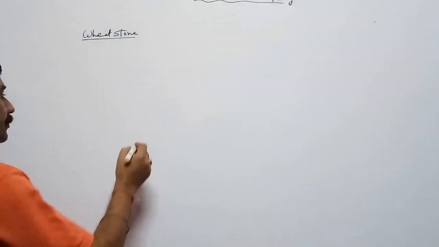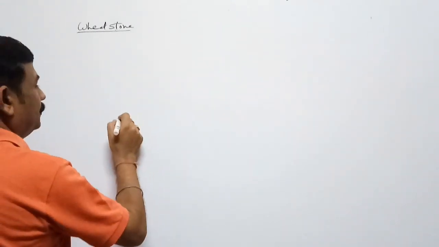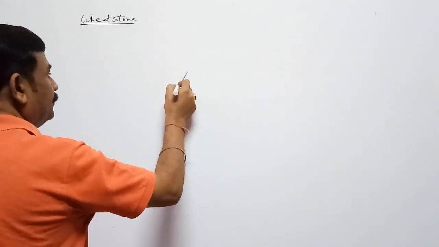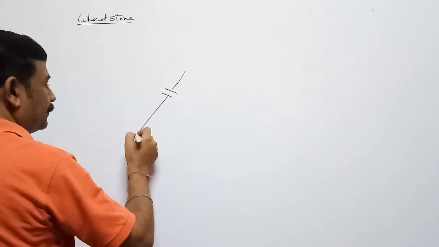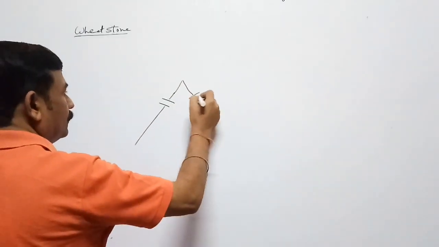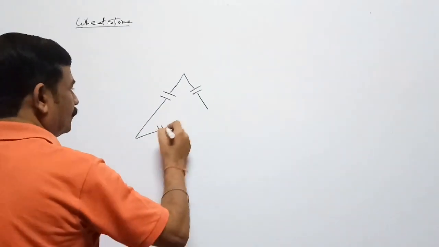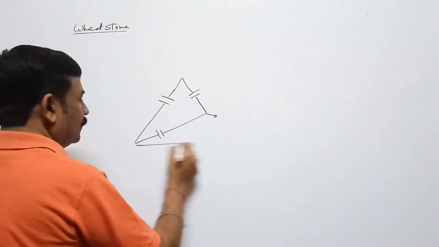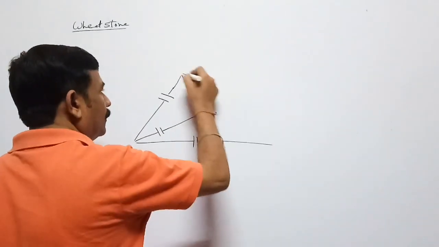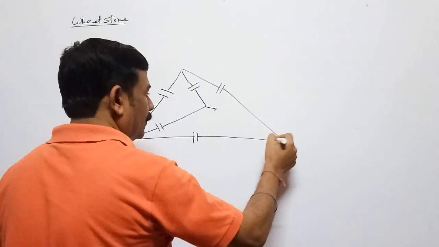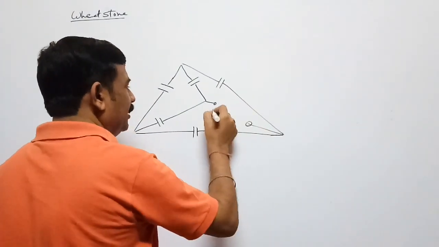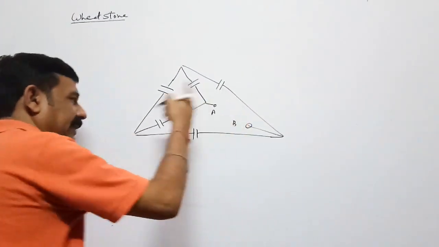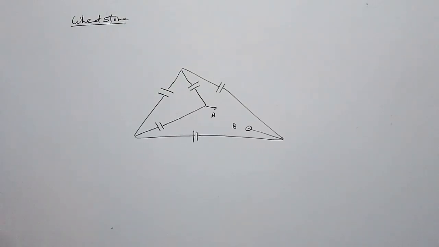For example, suppose we have this type of circuit having 5 capacitors.